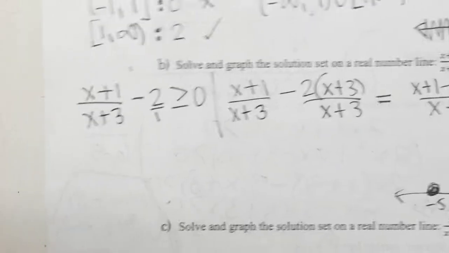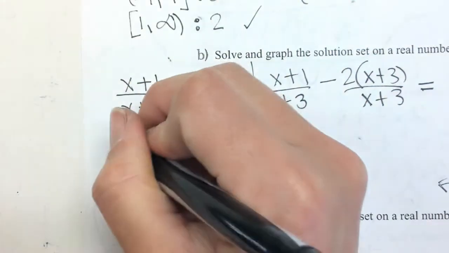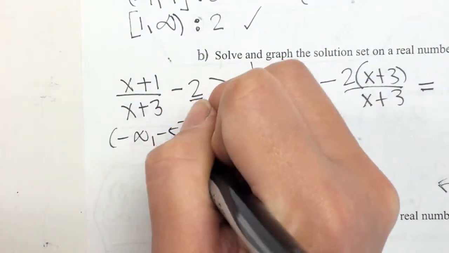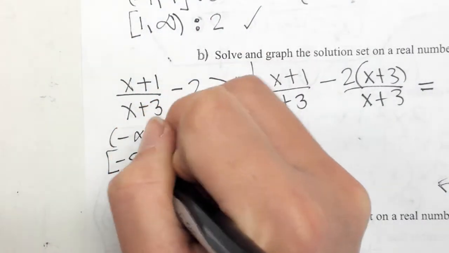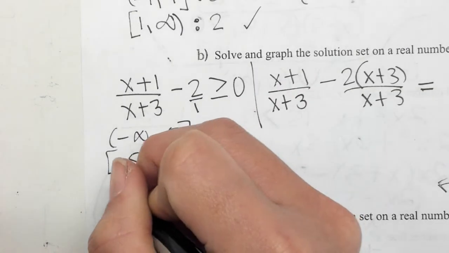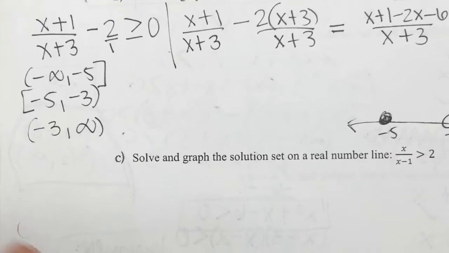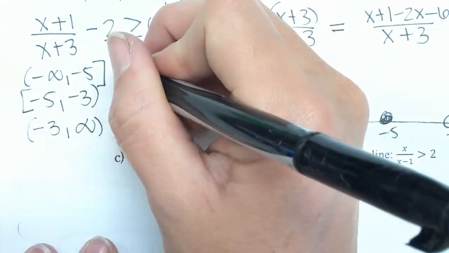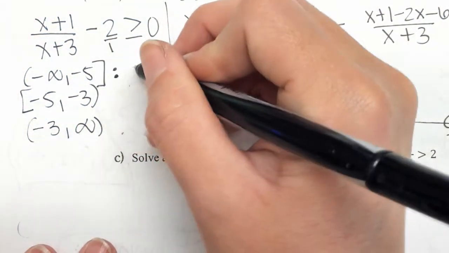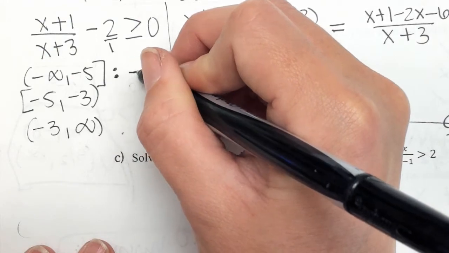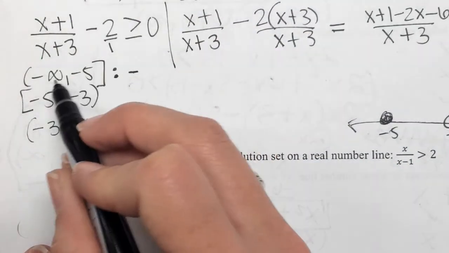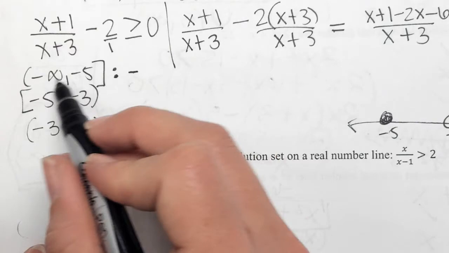Okay. So my 3 intervals are -infinity to -5, -5 to -3, -3 to infinity. Alright, Darren, give me a test point between these two. On this one, it's got to be less than -5, right?